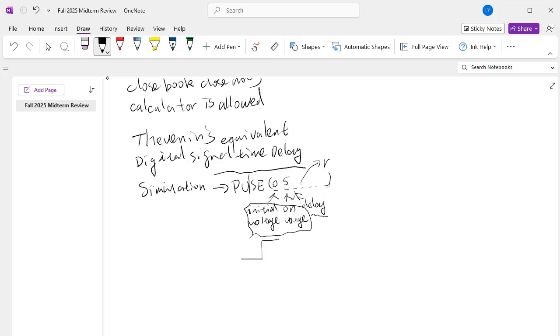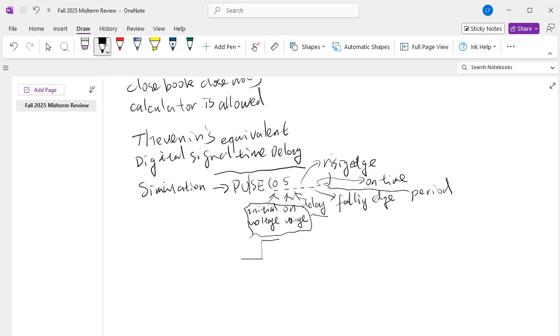And this one is the rising edge, and this is the falling edge. Rising edge, falling edge, on time, and period. This is on time, and this is period.